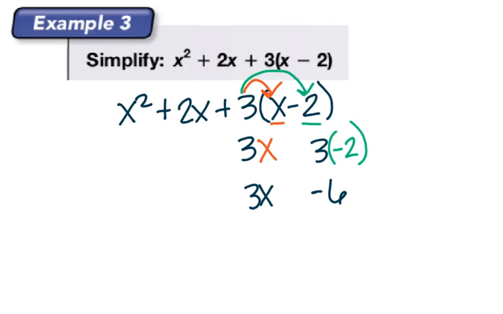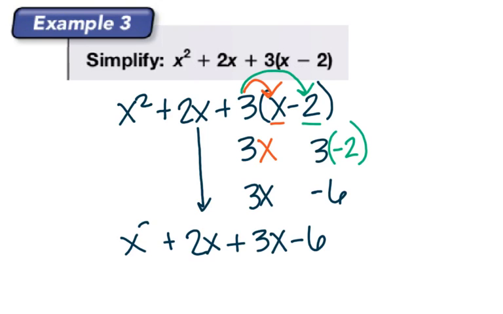So I have a 3x minus 6. Well, let's now bring down the rest of this problem. 2x, x squared. Now you should notice here that I have a 2x plus a 3x. 2x's plus 3x's gives me 5x's.